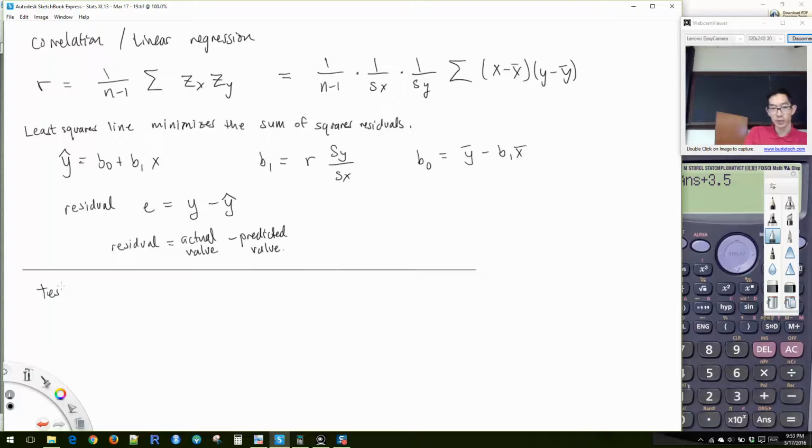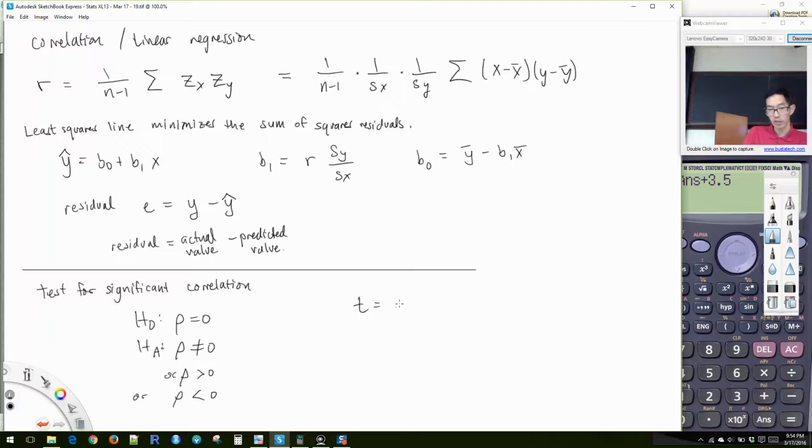Test for significant correlation. Null hypothesis, rho equals 0 versus the alternative that rho doesn't equal 0, or rho is greater than 0, or rho is less than 0.